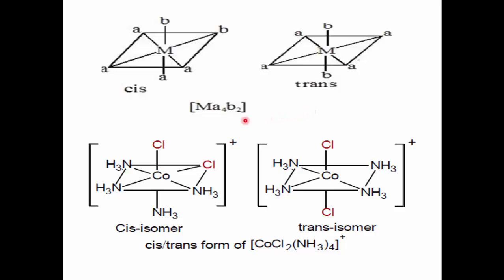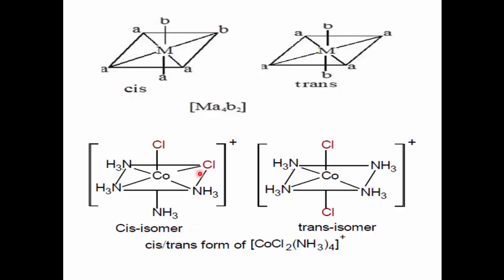Let us clear this idea with the help of this example. CoCl2(NH3)4, so 2 chloride ions and 4 ammonia molecules are attached to cobalt. So see this first isomer. In this we observe that to this cobalt 2 chloride ions are attached, which are situated at 1 and 2 position, and therefore it is called a cis isomer.